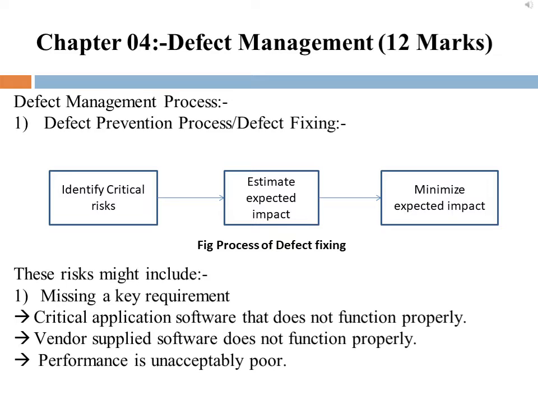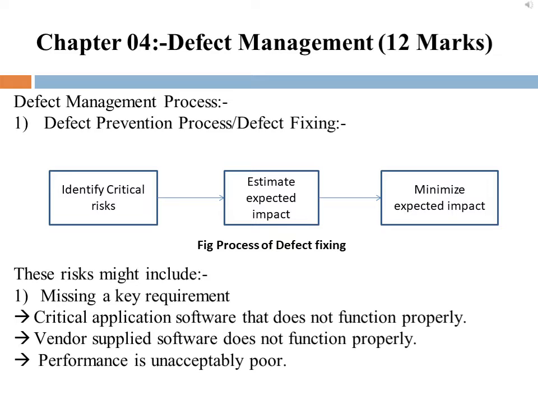Identify critical risks. The first step in preventing defects is to understand the critical risks facing the project or system. The best way to do this is to identify the types of defects that carry the largest risks. In short, they are the defects that could endanger the successful construction, delivery and operation of the system.